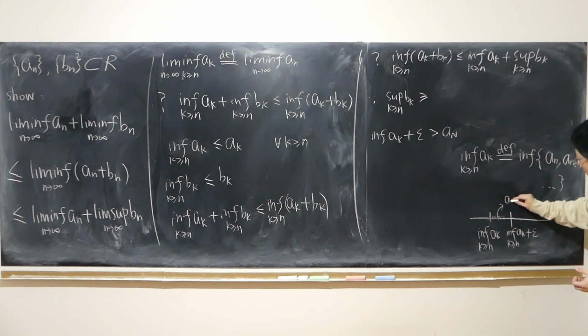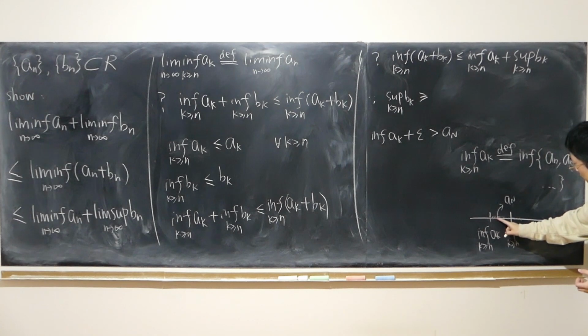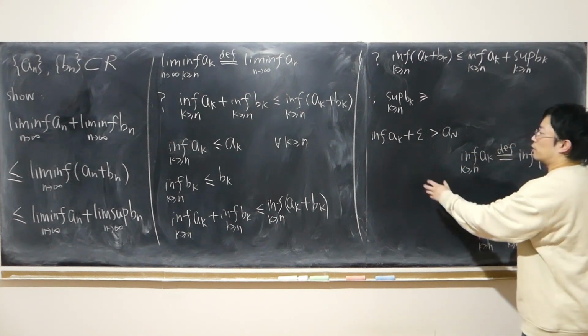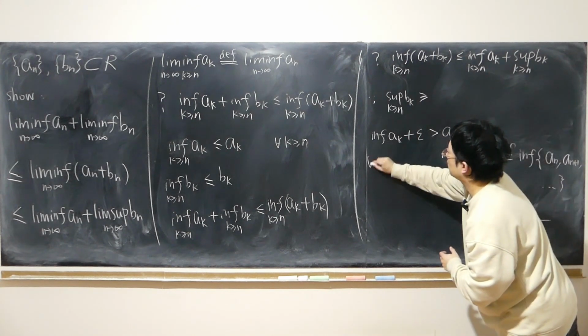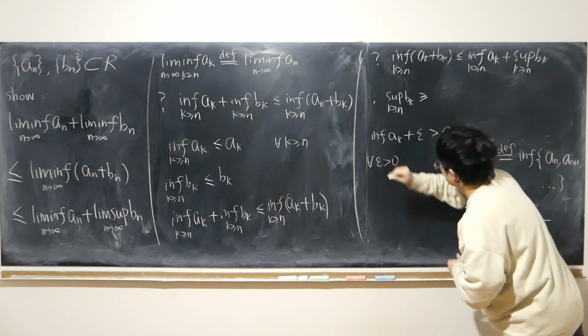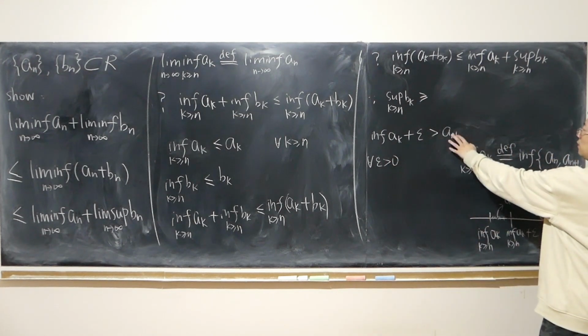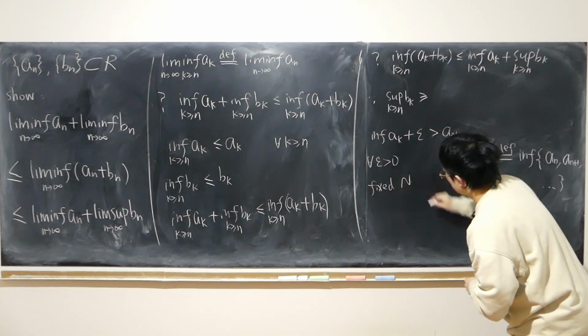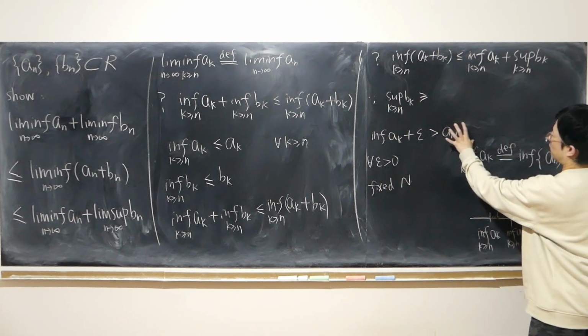This element sits right here, smaller than this point, for any epsilon that's positive. So fix a capital N, all right?